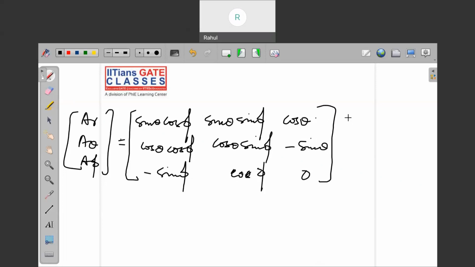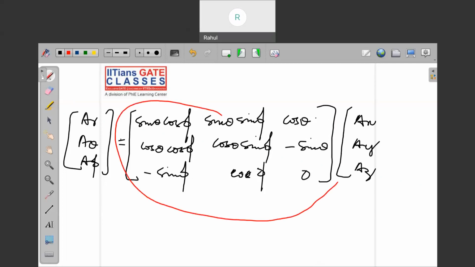And this is for Ax, Ay, and Az. So this matrix you have to remember. Once you know this matrix, just give the input here and you will get this.